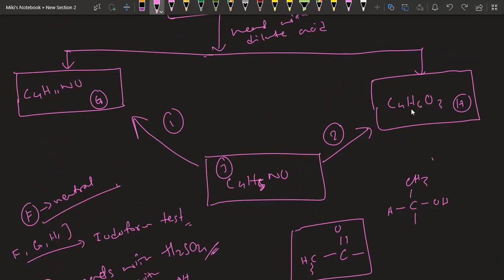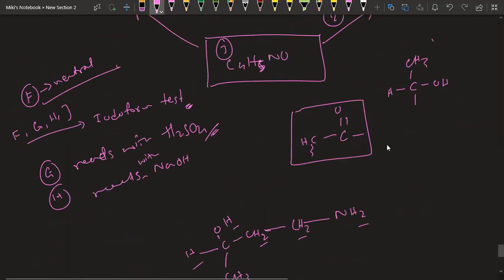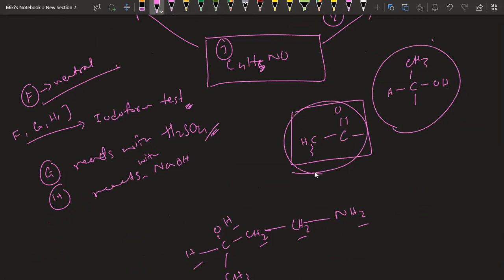At the same time, it also undergoes the iodoform reaction. Remember, a carboxylic acid does not undergo the iodoform reaction. In order to undergo it, either of these 2 conditions needs to be fulfilled. From these 2 structures, either of them needs to be fulfilled.